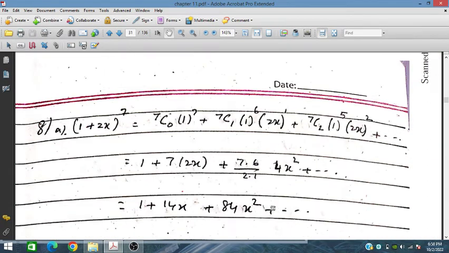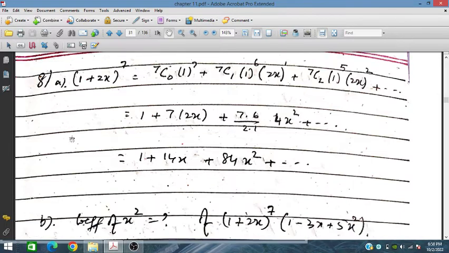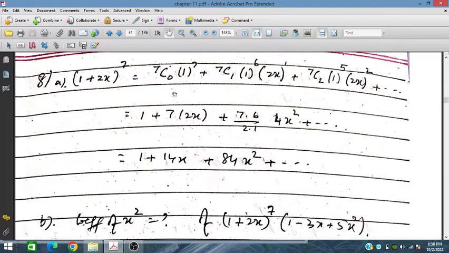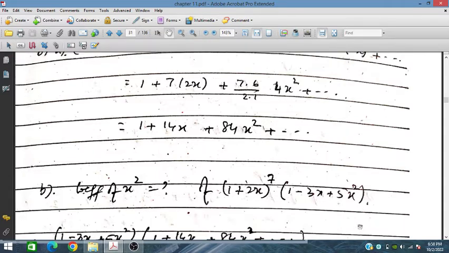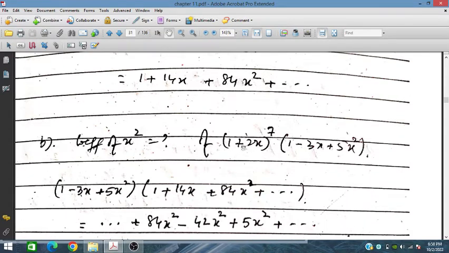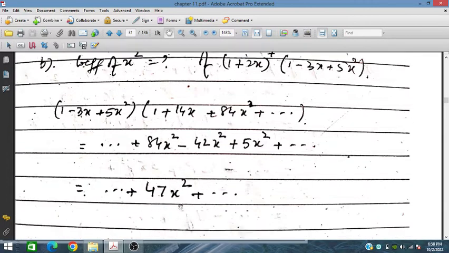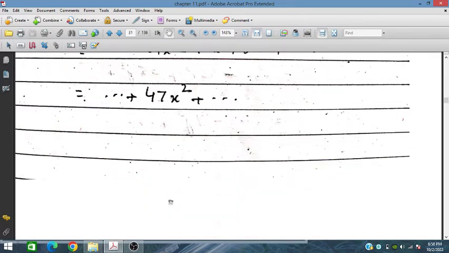For the 8th problem, we have this one, and find the coefficient of x power with the multiplication of this expansion with 1 minus 3x plus 5x squared. We multiply it with the expansion of this and get this result, and the coefficient of x power 2 is obtained as 47.